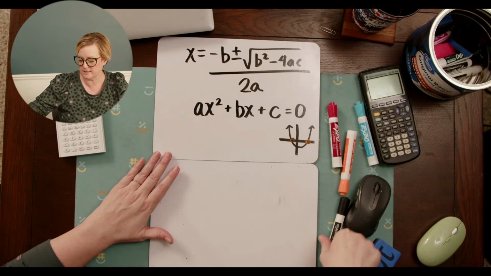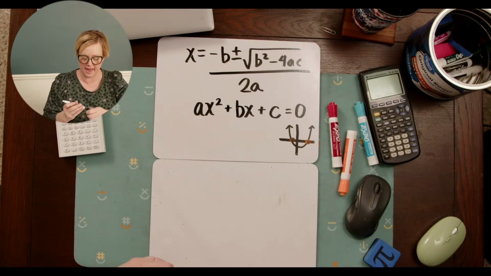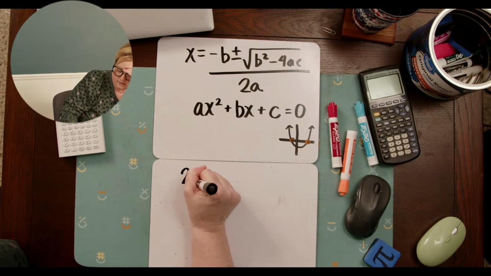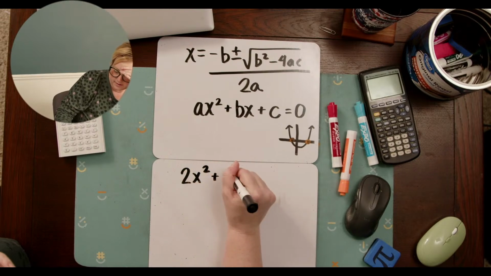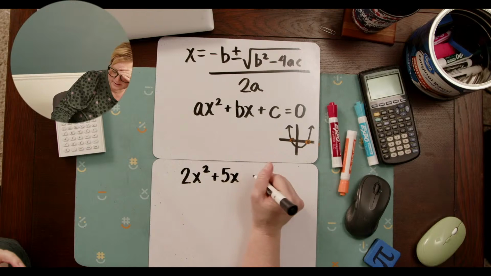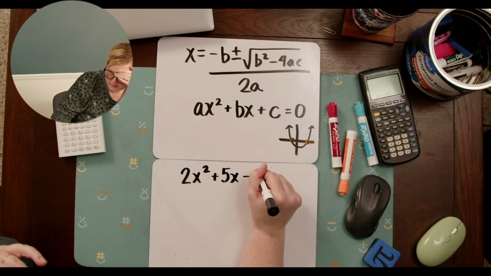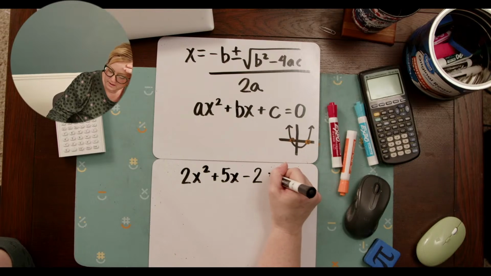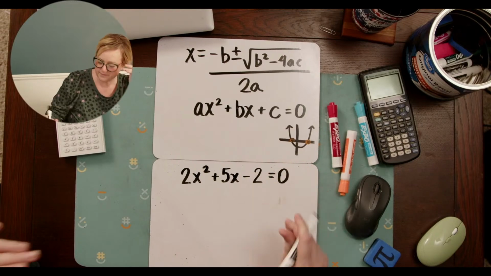So we've got 2x squared plus 5x minus, I almost gave you one that was factorable, but we'll do minus 2 equals 0.